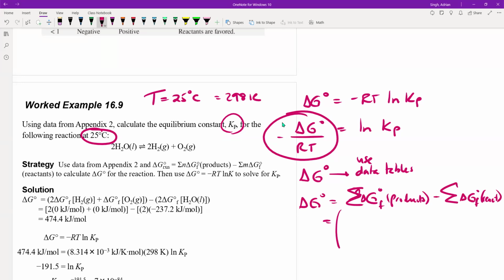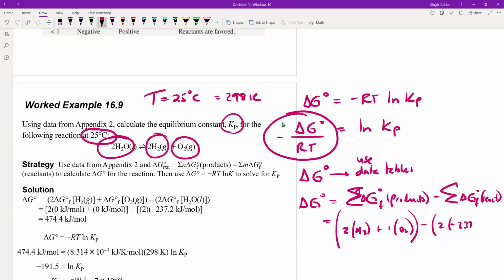For the products here, hydrogen and oxygen, these are the elements in their standard state, so their delta G of formation would be 0. So 2 times hydrogen plus 1 times oxygen, minus, and then on the left side, we have 2 of the liquid waters. We look that up. That is 2 times, and water is negative 237.2.